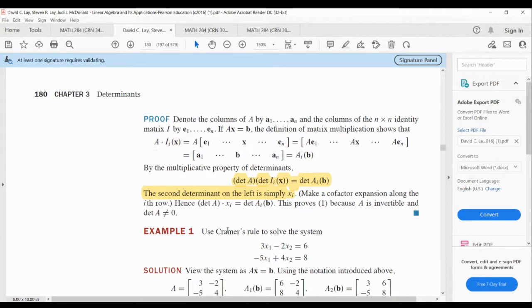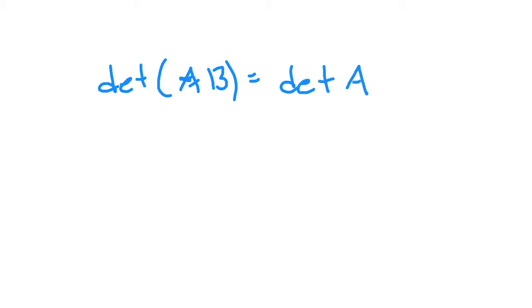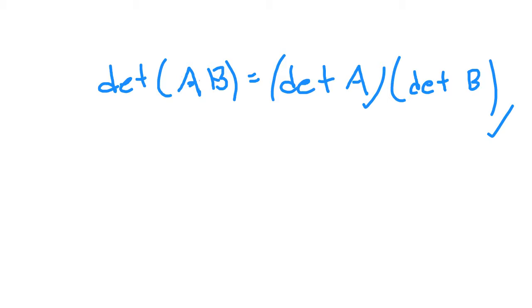The second determinant on the left is simply x sub I. Therefore, the product, and I guess they use the fact that if you have the determinant of A times B, that's just the determinant of A times the determinant of B. So that's another property of determinants.